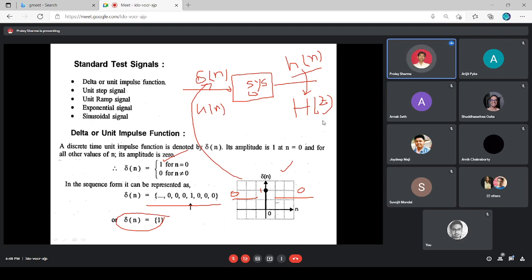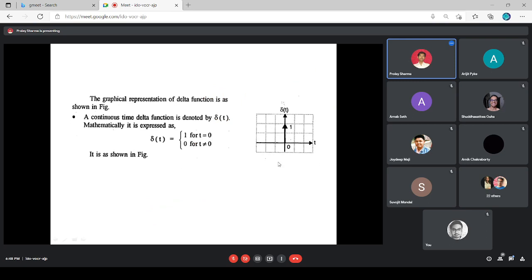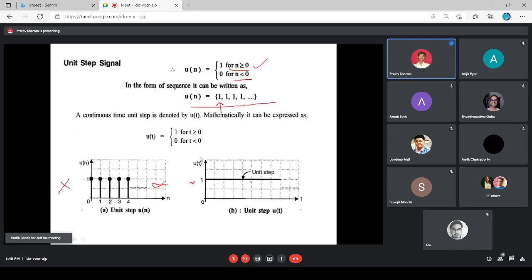So that's why the impulse function is very important for our case. This is the mathematical expression for the delta signal.